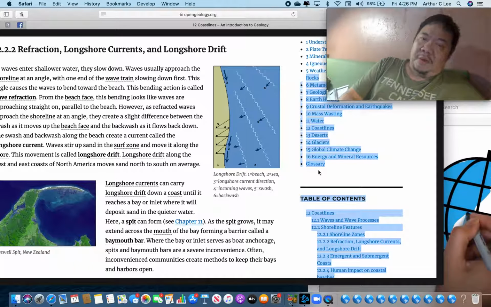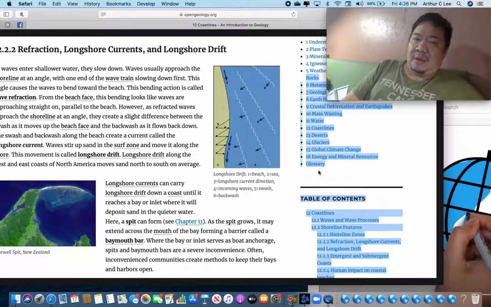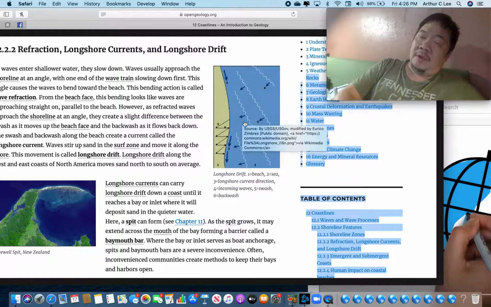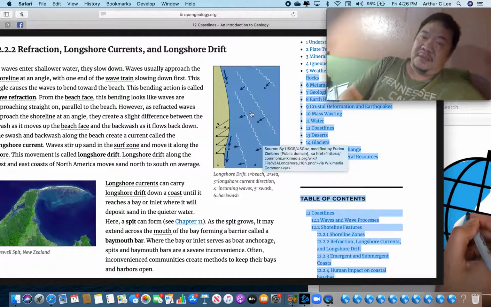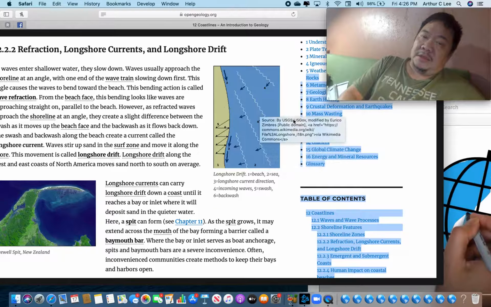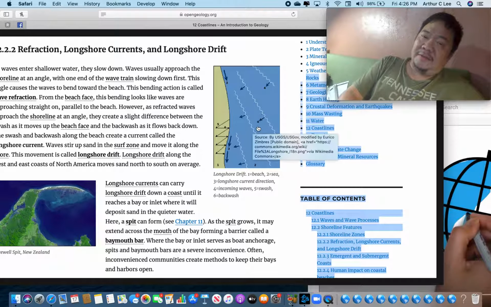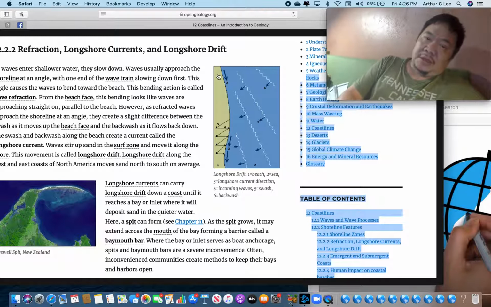Remember, whenever we look at an overview or an aerial view, we're looking from up above to down below, like a picture like this. North is always up, east is to the right, west is to the left, and south is down. Remember that. Here you can see the coastline.